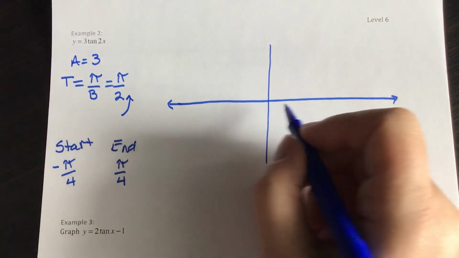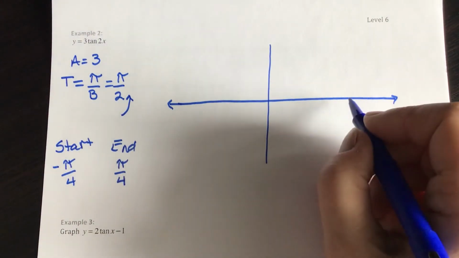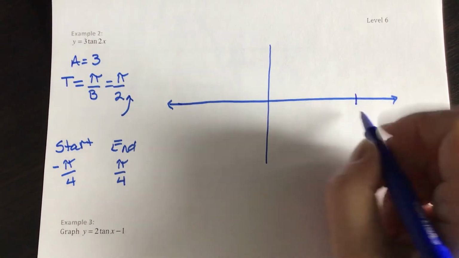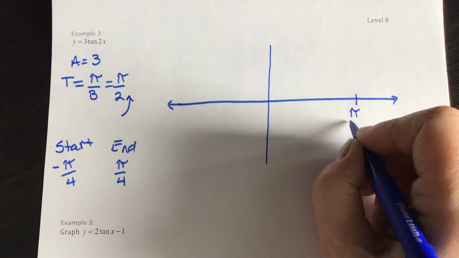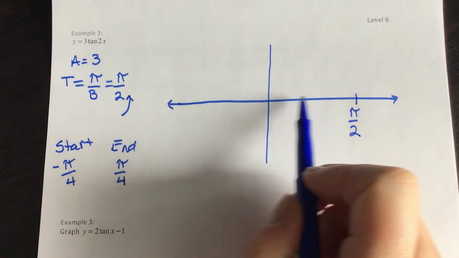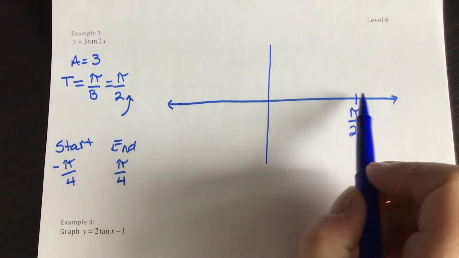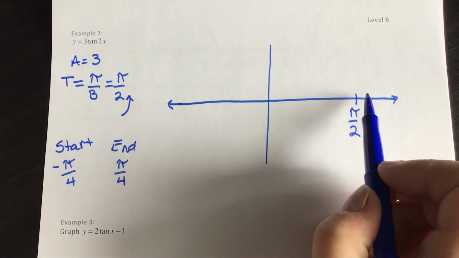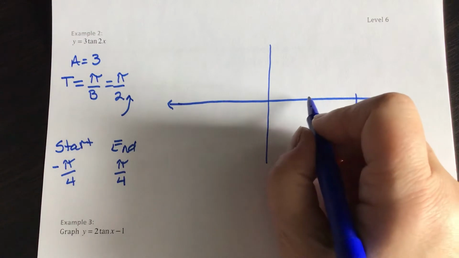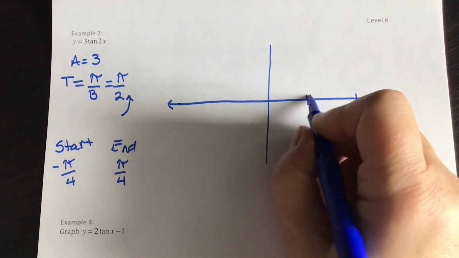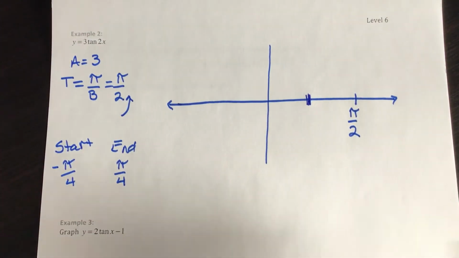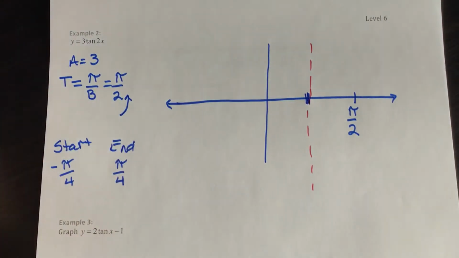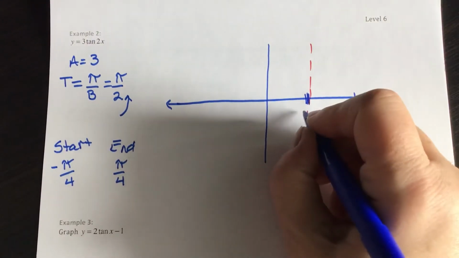All right, so let's do pi over 2 way over here. Let's spread out a little bit. I could do this from 0 to pi over 2, but at pi over 4, halfway, I'm going to have this vertical asymptote. So this is pi over 4.